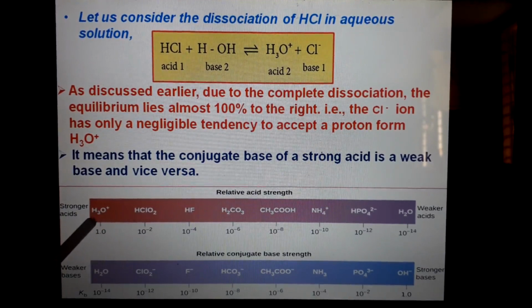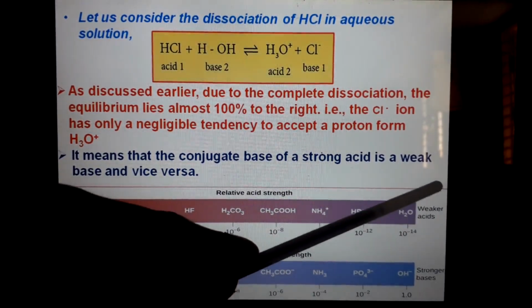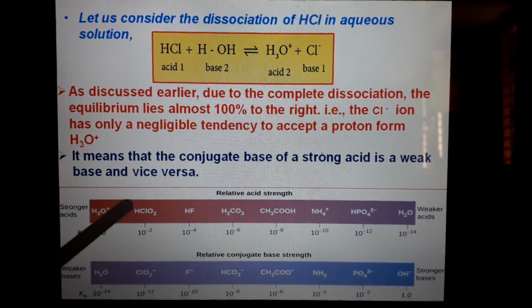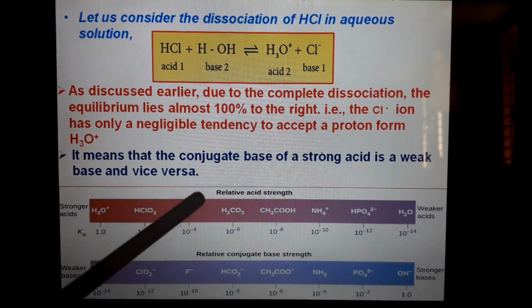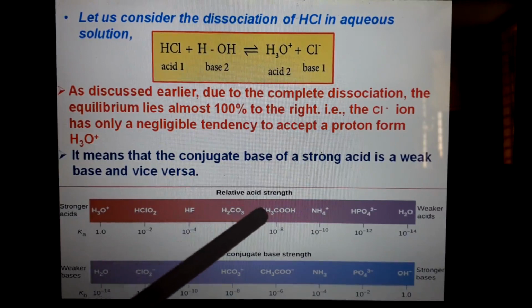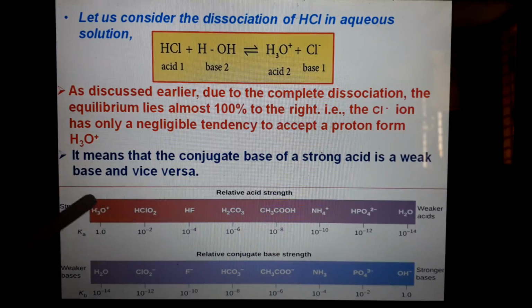This is the strong acid, this is the weaker acid, from left to right: H3O+, HClO2, HF, H2CO3, CH3COOH, NH4+, HPO4 2−, and then H2O. These are arranged from left to right in increasing acid strength.